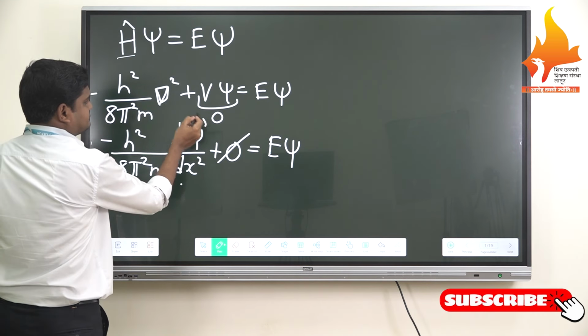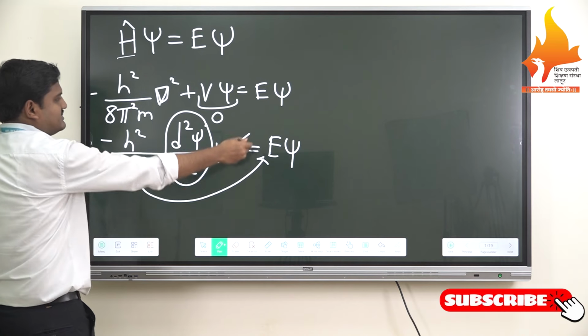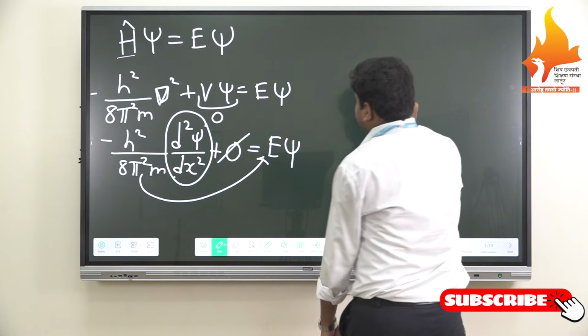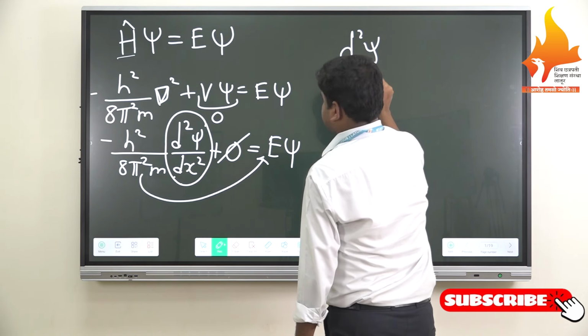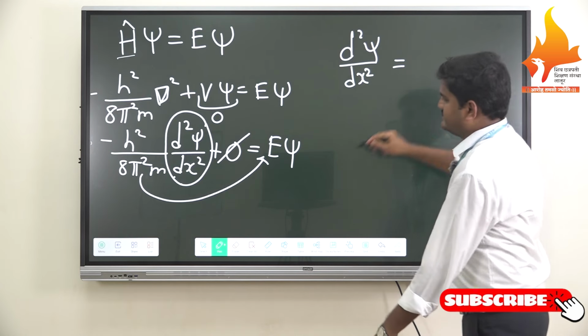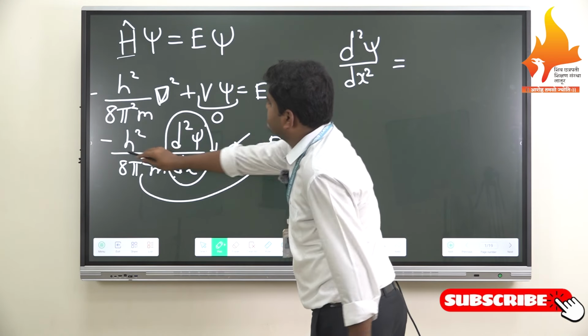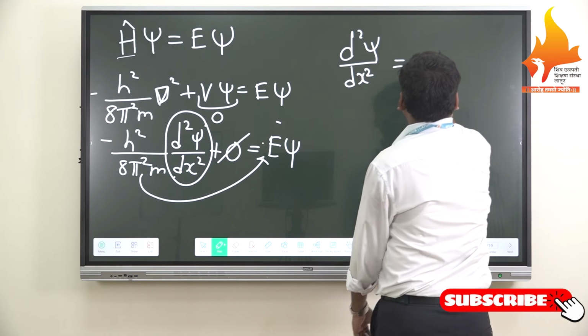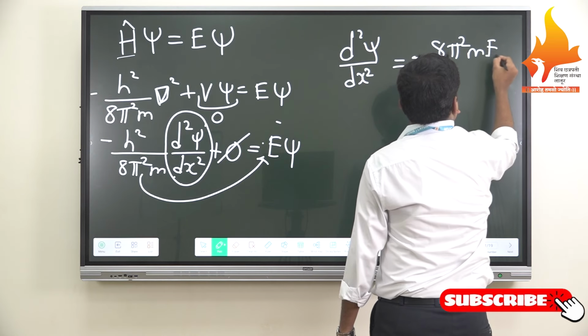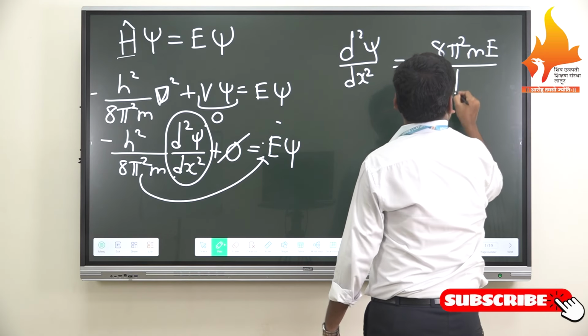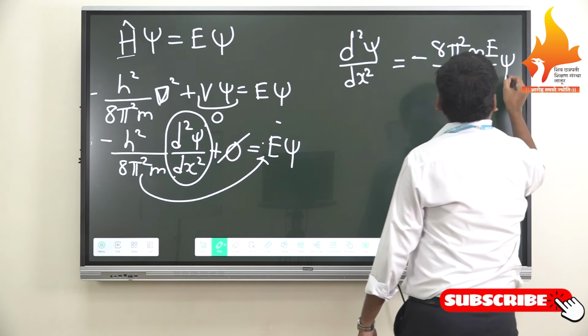Let us take this part to the other side. Then d square psi divided by dx square is equal to minus 8 pi square m E divided by h square into psi.